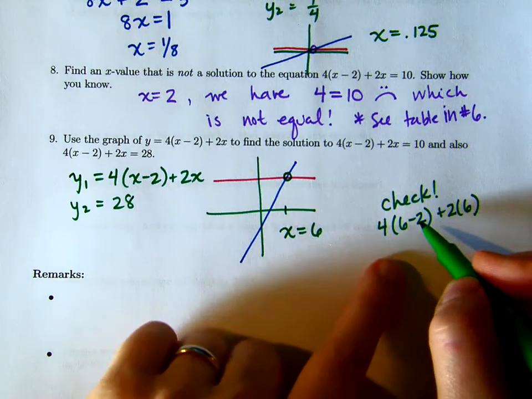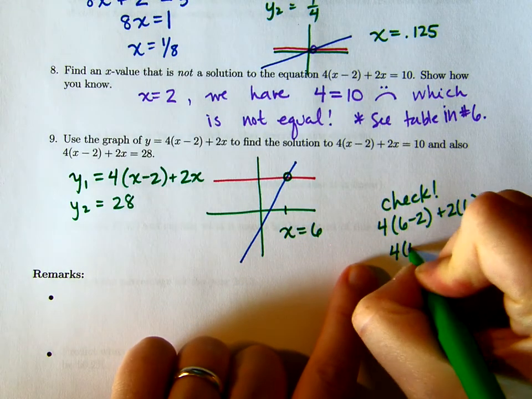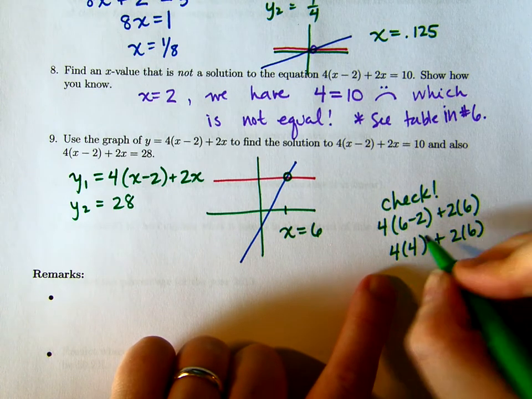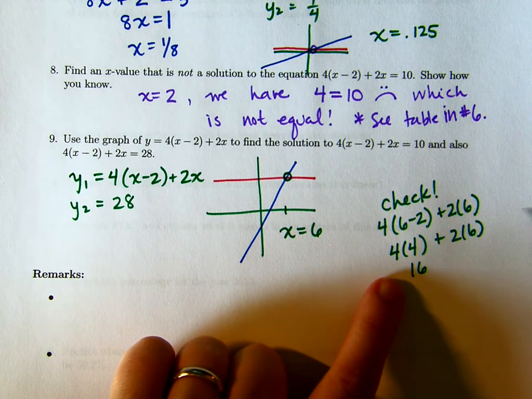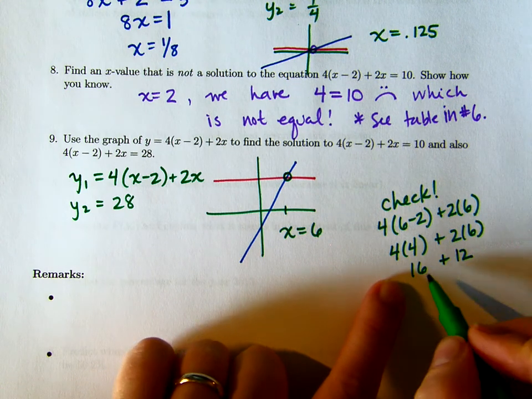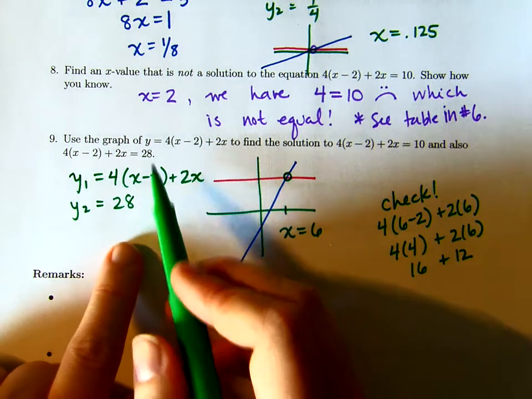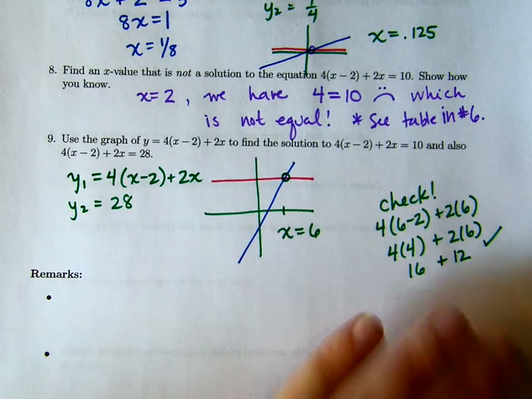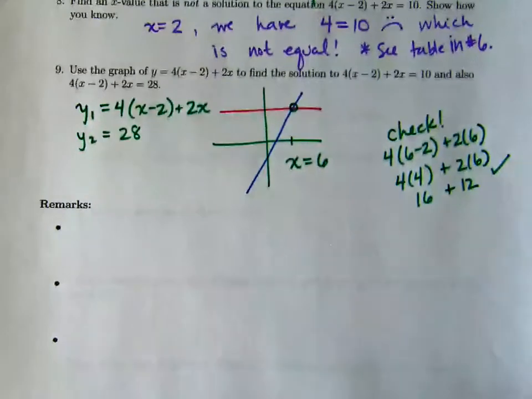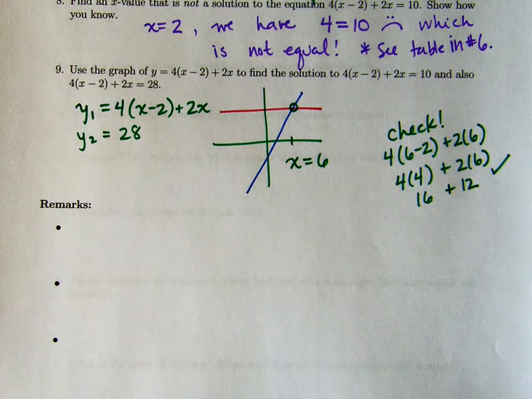Well, 6 minus 2 is 4. So 4 times 4 is 16, plus 2 by 6 is 12, and 16 plus 12 really is 28. So it really does check out. Nice.